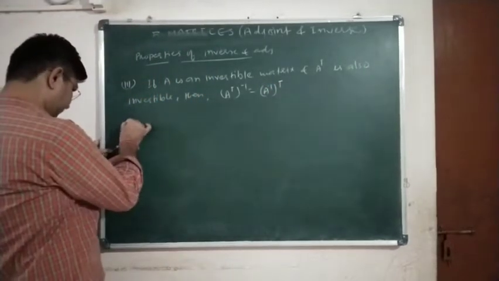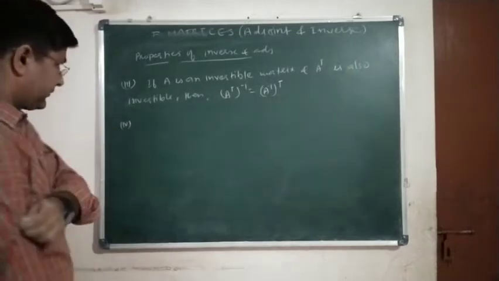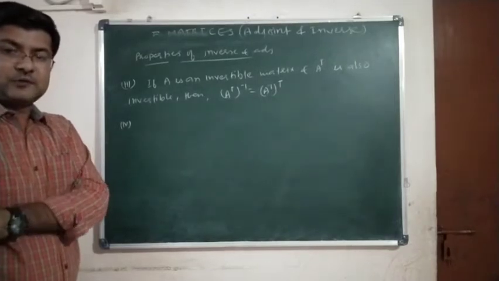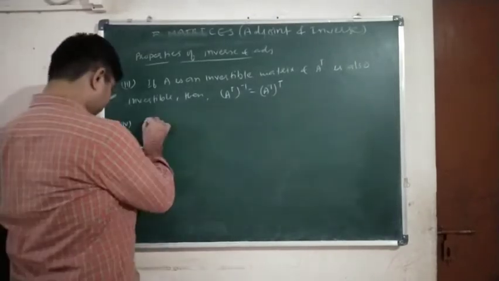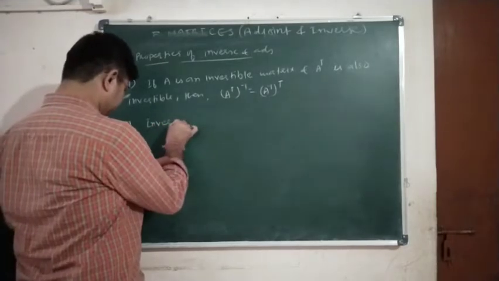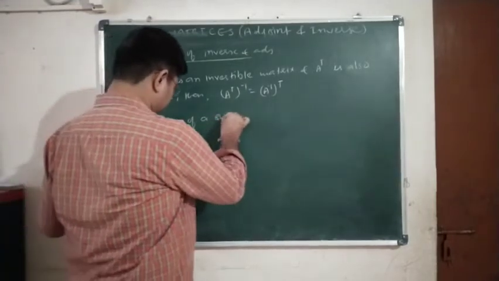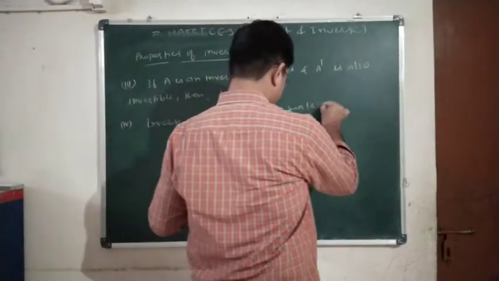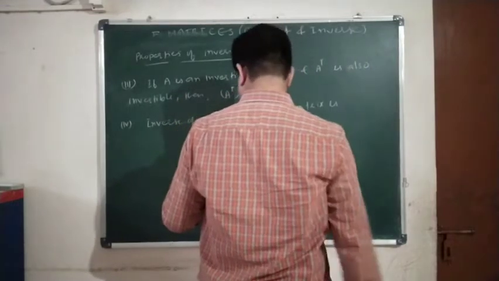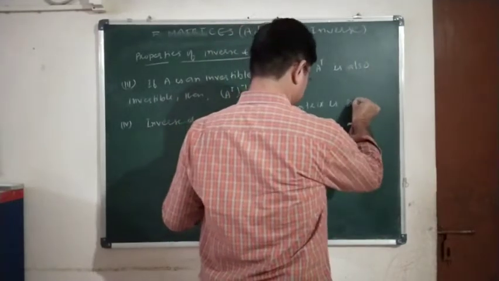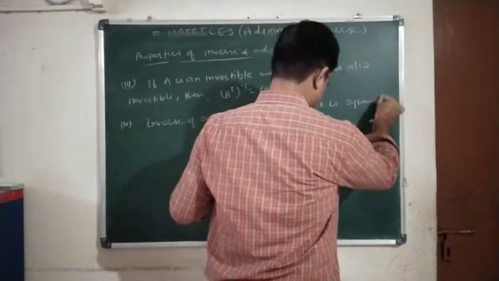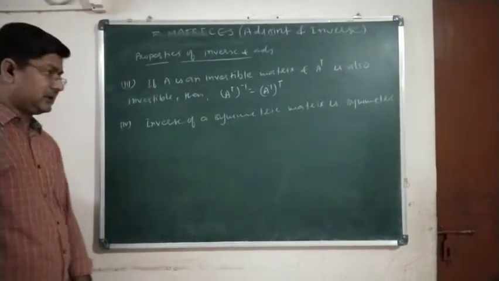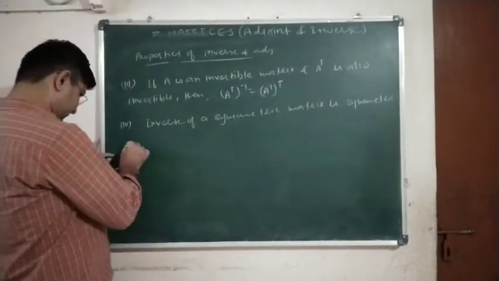This is property number 3. Now, inverse of a symmetric matrix is symmetric. Inverse of a symmetric matrix is also symmetric, yes or no? This is property number 4.